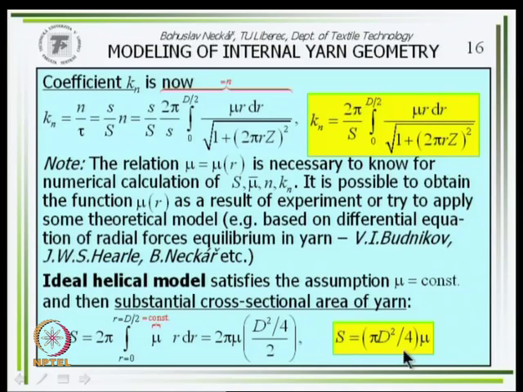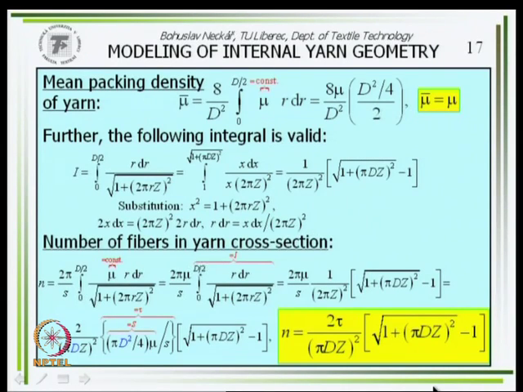For the case of the ideal helical model, what is it? It is the model in which the packing density in all places inside the yarn is constant. Therefore, mu can be given before the integral as a constant. Well, what is the substantial cross-sectional area? Mu goes before, so we obtain this here. The end formula is this here. Now, evidently, pi d squared by 4, the total area, times mu corresponds to our knowledge.